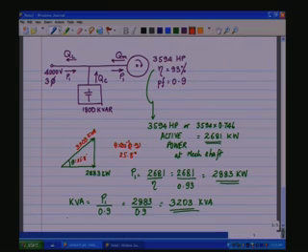The reactive component is given by root of 3203 square minus 2883 square, and that is equal to 1395 kVAR. So, this is 1395 kVAR.